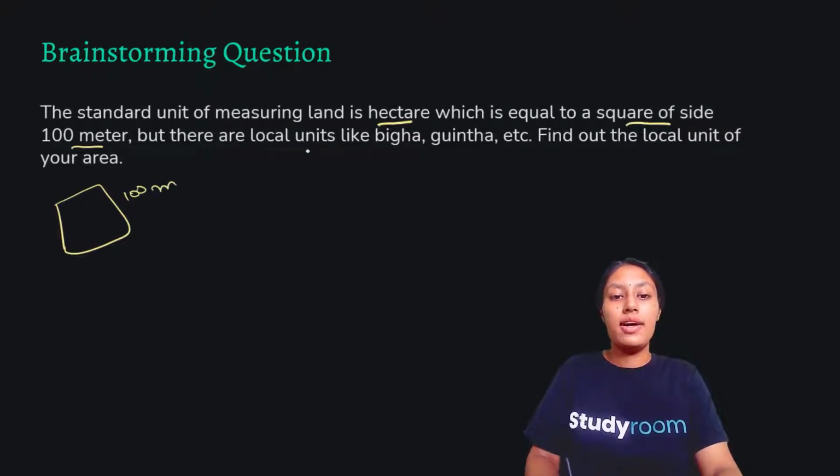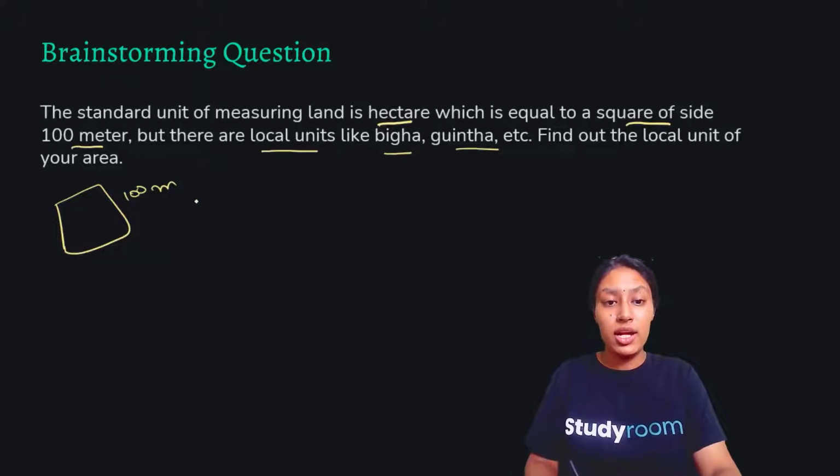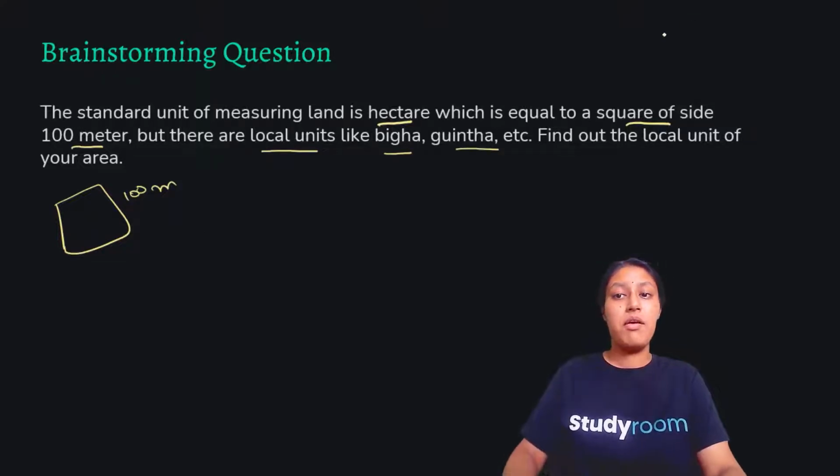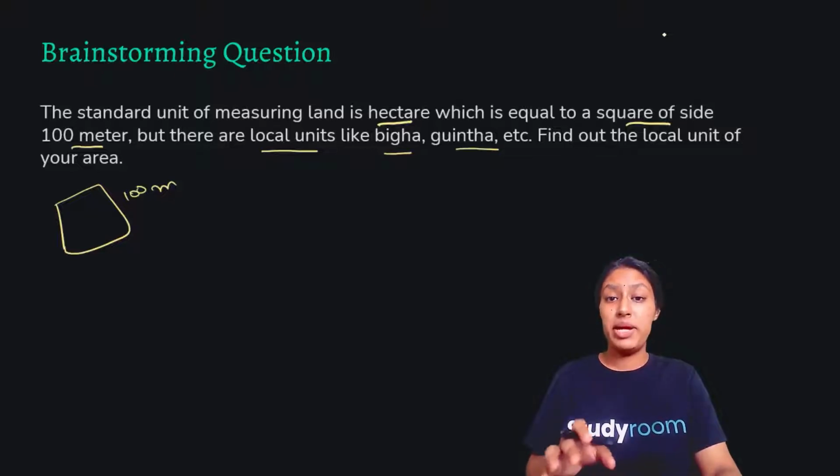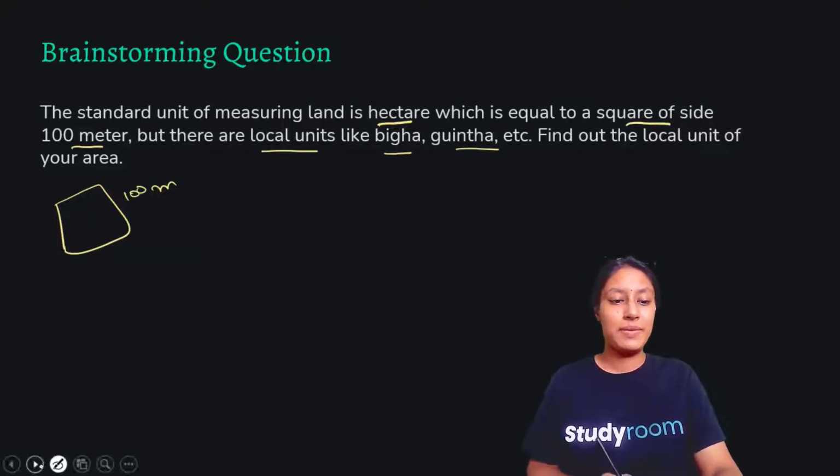But there are local units like biga, gunitha, etc. Find out the measuring unit that is being used in your area for measuring land. Is it hectare? Is it biga? It will be fun to know.